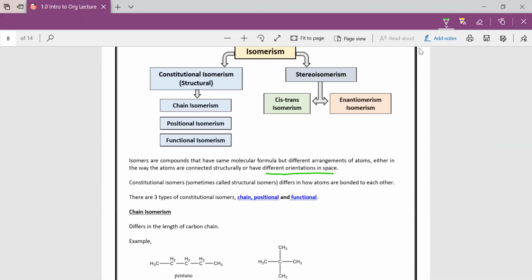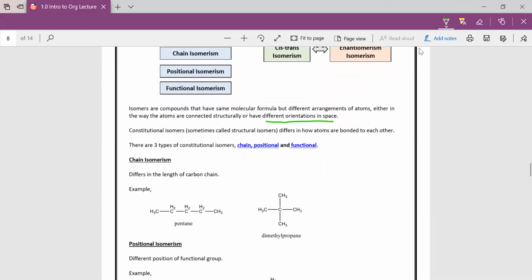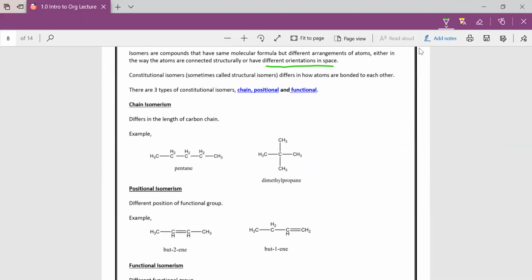Last time the constitutional isomerism used to be called structural isomerism, but we have since updated it to be called constitutional. For constitutional, there are three main kinds, which are chain, positional, and functional. Chain is pretty much straightforward.